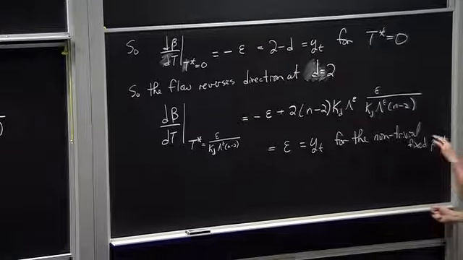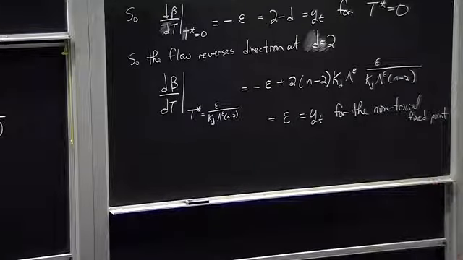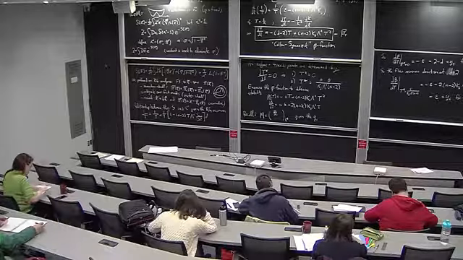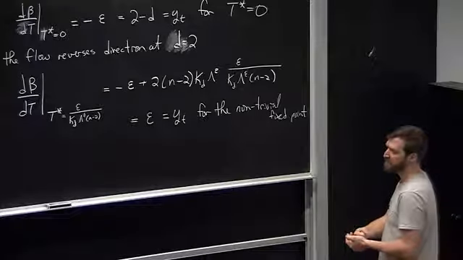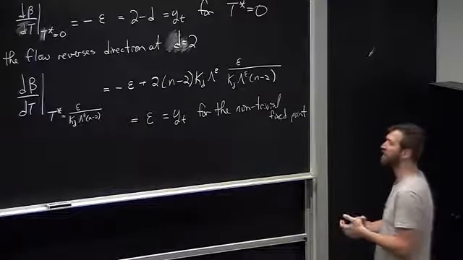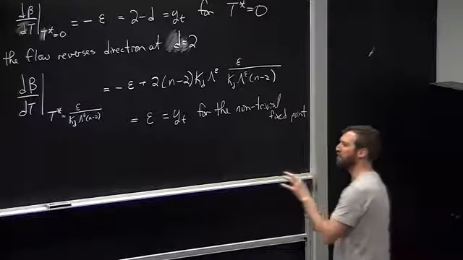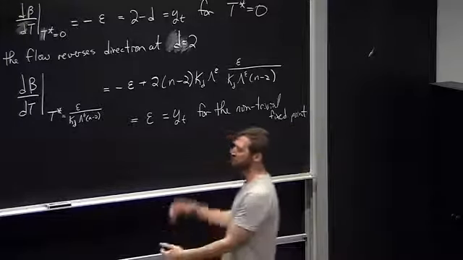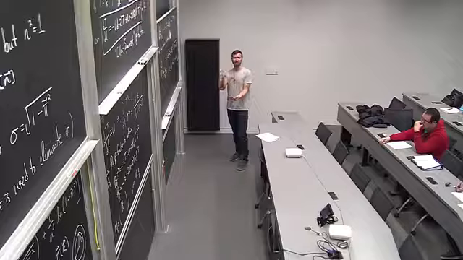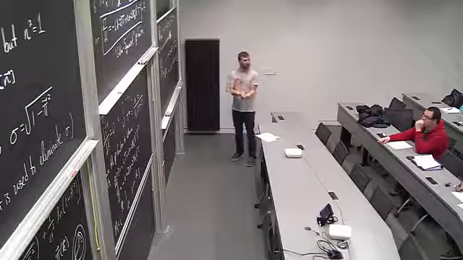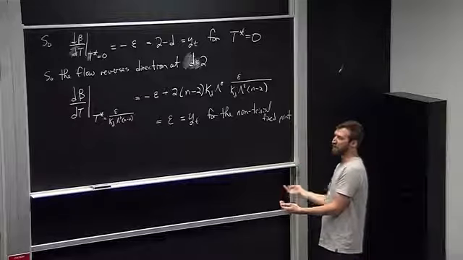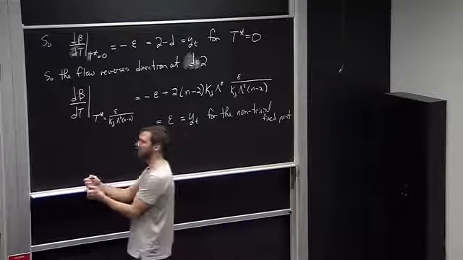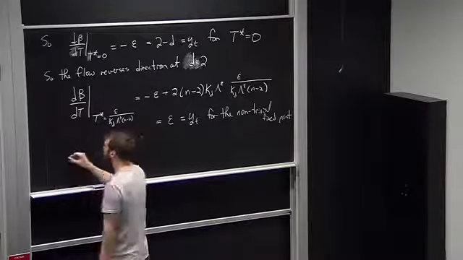Okay, so now we can put that picture together. We can draw 2 pictures, one for d less than 2. For d less than 2, that non-trivial fixed point doesn't exist. That fixed point goes to 0 temperature as epsilon goes to 0. As we go to d bigger, that fixed point just moves as a function of epsilon.